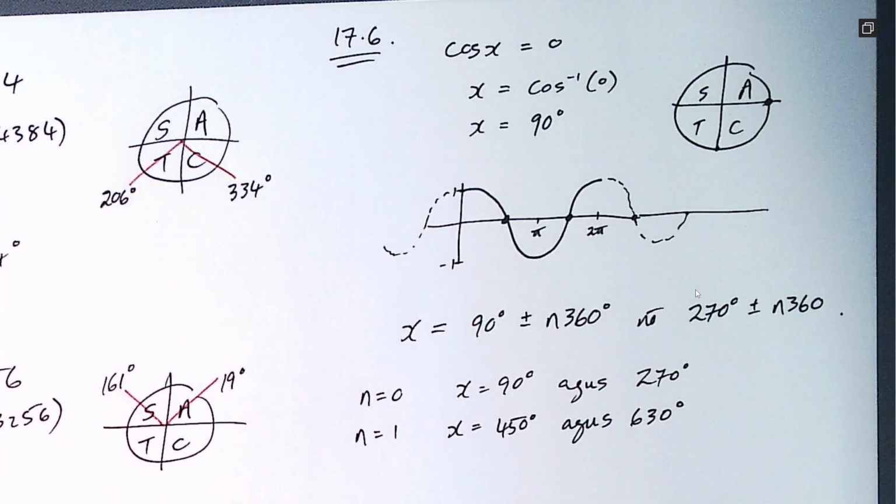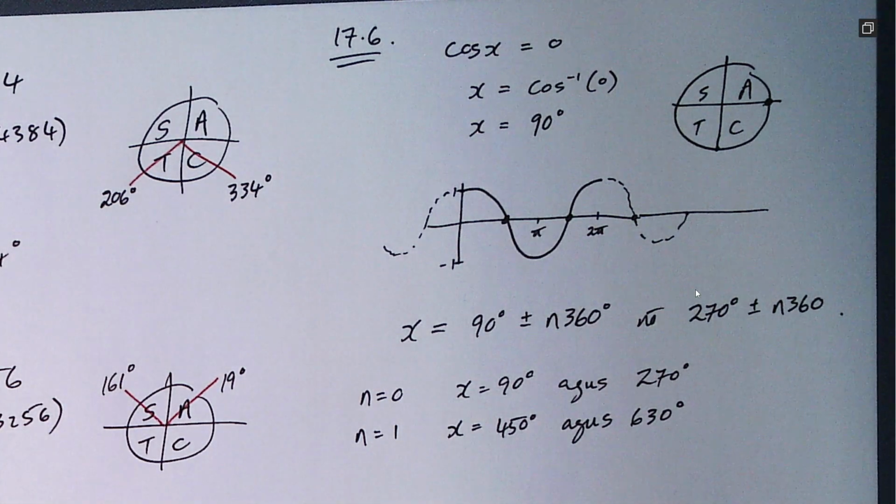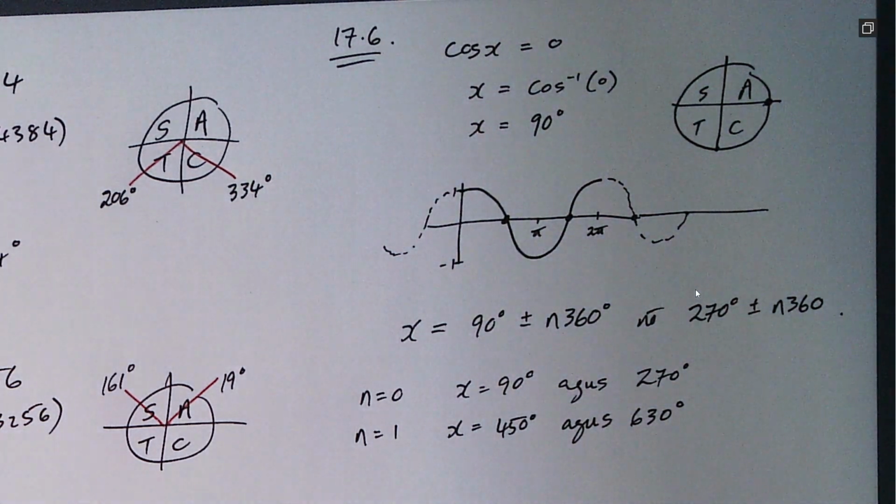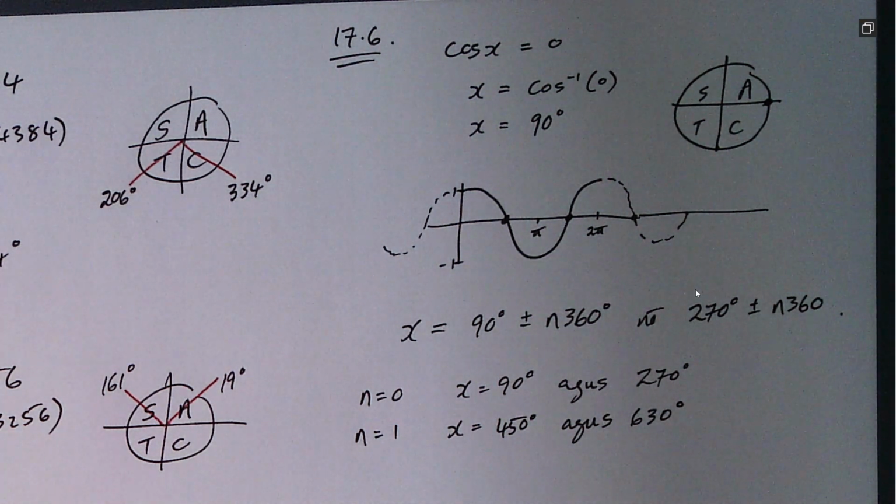Okay, so write the general solution: write down an expression for all of the solutions of the following. cos x equals minus a half. So x equals cos to the minus 1 of minus a half. Put it in the calculator, inverse cos of minus a half, and it gives you 120 degrees.